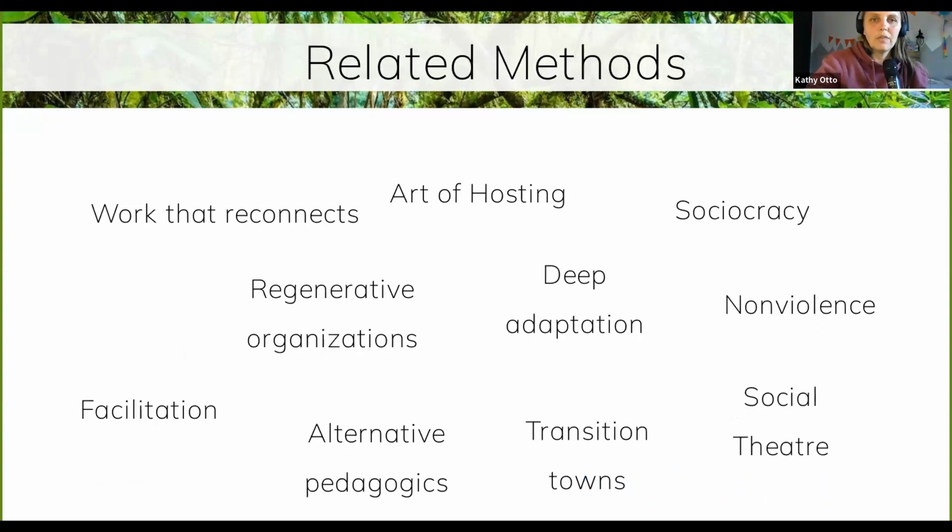And there are a lot of methods you can use: the art of hosting, sociocracy, facilitation, transition towns, and you can learn a lot of this. Permaculture takes all the time from other people, other methods, yes? So taking out of this, you find a lot more information than what I put in there. I hope this was useful, and thank you very much.